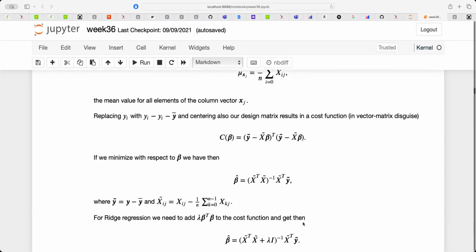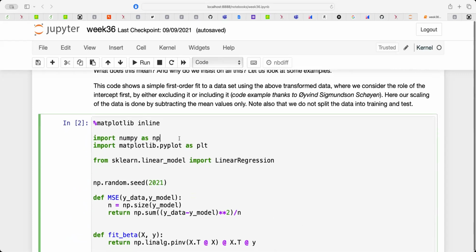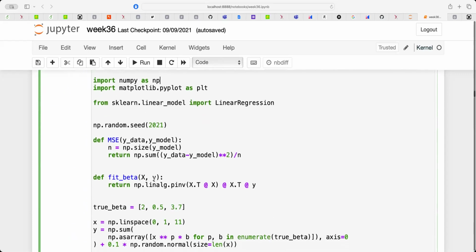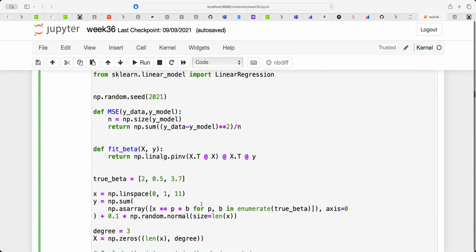So I'm just going to go down here a little bit because you can see there's an example here where we now fit a function. We set up the design matrix. These are the true values of beta. So I'm just setting up a polynomial here, and this polynomial is now x to the power of p times b, with these parameters which I have.